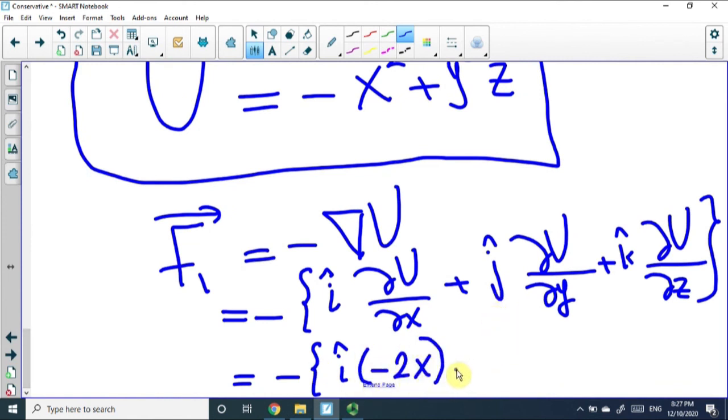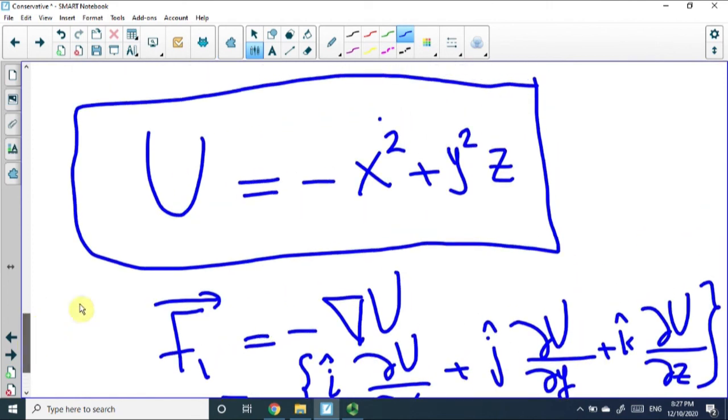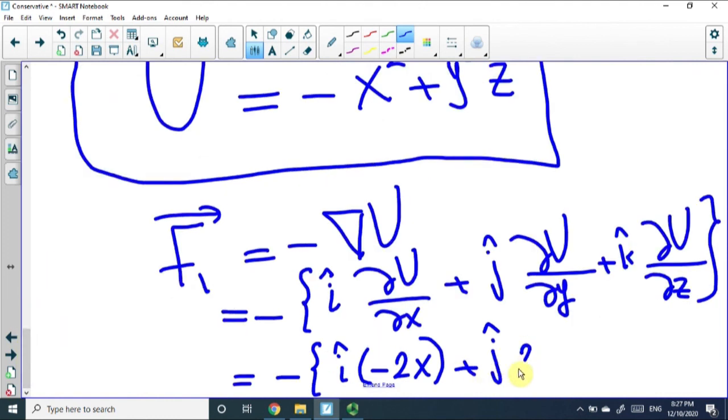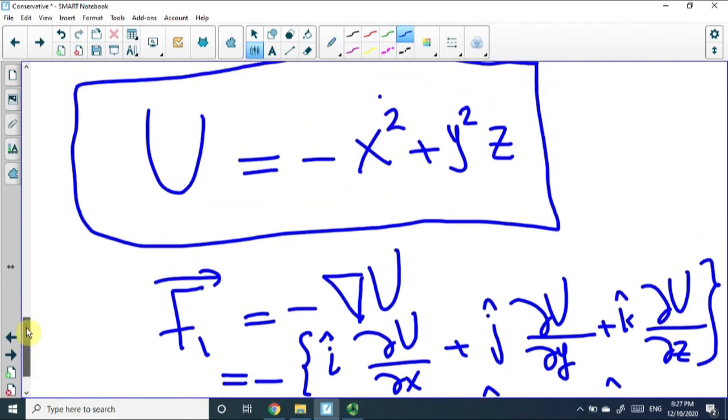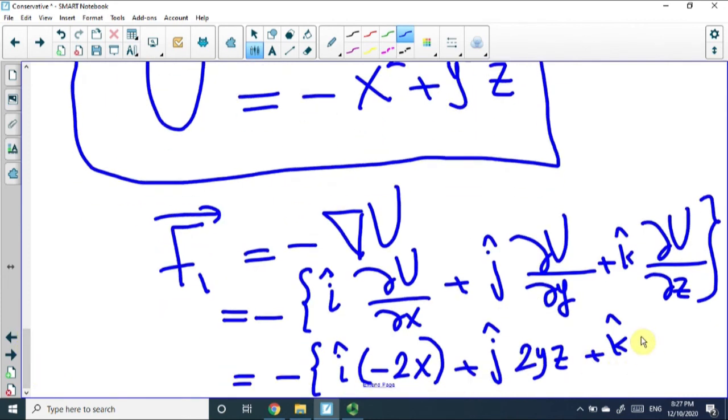The y component will be partial u partial y. Now we got 2yz, so I'm going to get 2yz. Finally, the last component is partial u partial z, which is simply y squared. So that's supposed to be the force.